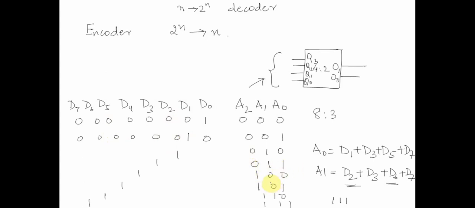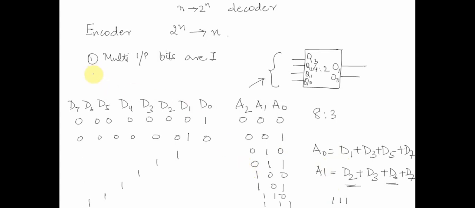That's definitely a problem if multiple input bits are 1. As a result, A0 and A1 will become 1, and similarly A2 will also become 1 because it also depends upon D6, correct?